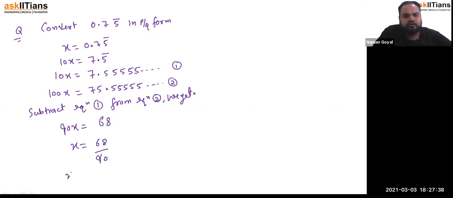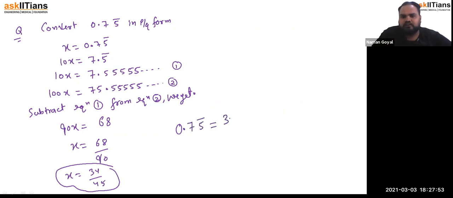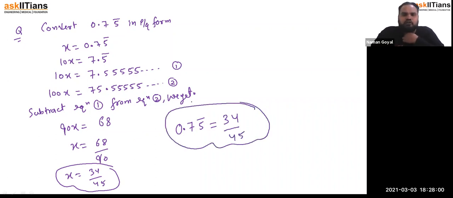You can simplify more. It will be divisible by 2, right? So it will be 34 upon 45. So the answer for this particular question is 34 upon 45. So 0.75 bar can be written as 34 upon 45. So this is what, if you want to convert that number which is repeating but not terminating in P by Q form, then you can do like that.